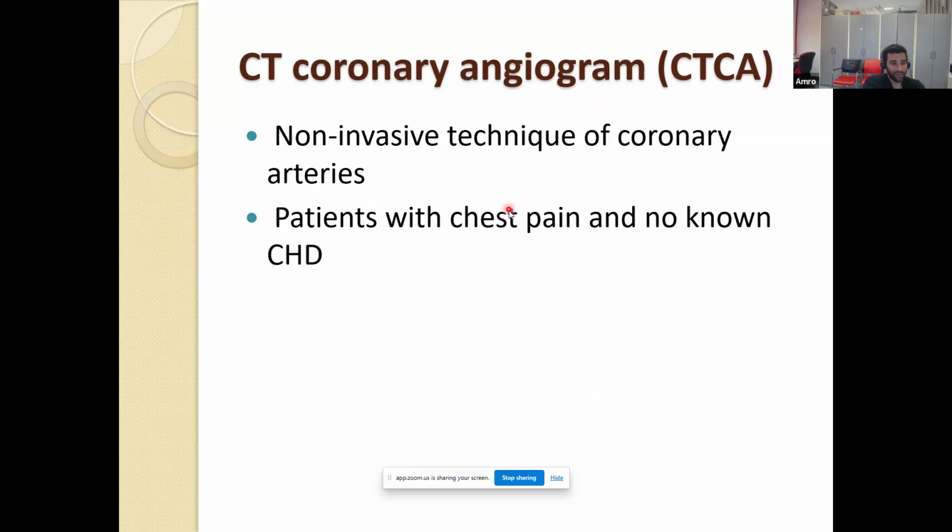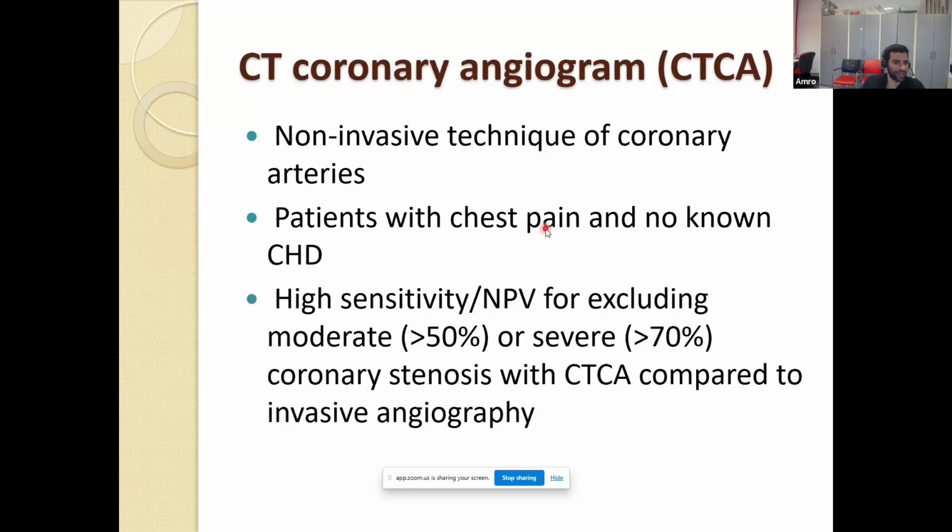And in the US, they've now started using CTCA with patients presenting with chest pain and an intermediate risk. We don't tend to use that here in the UK so much. But the good thing about CT coronary angiogram is that it has a very high negative predictive value for excluding moderate or severe coronary stenosis.